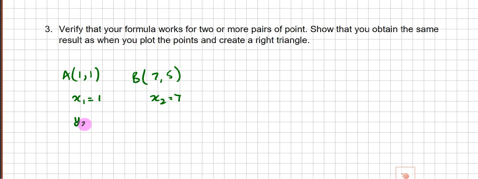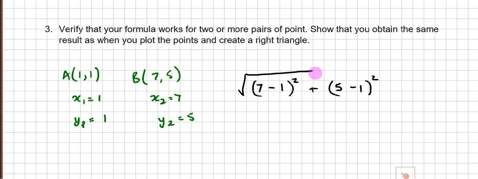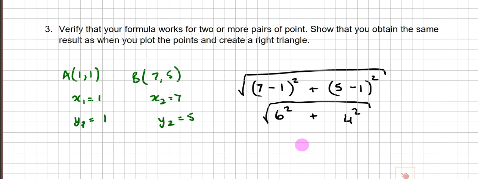And then y1 equals 1, and y2 equals 5. So in my equation then, I'm going to put 7 minus 1 squared plus 5 minus 1 squared, square rooted. So that's 6 squared plus 4 squared, square rooted, is the square root of 52 again.